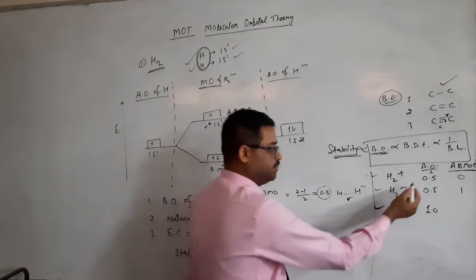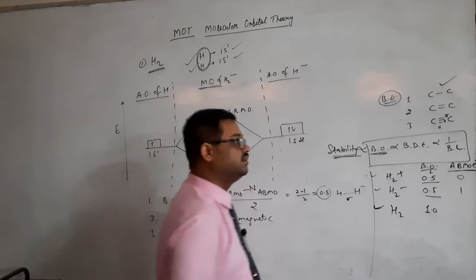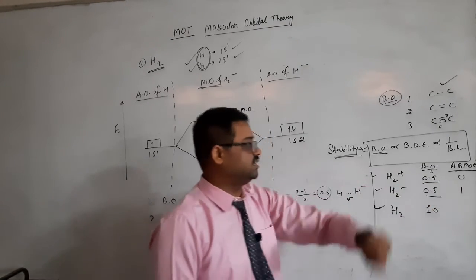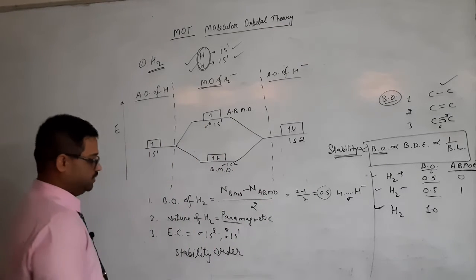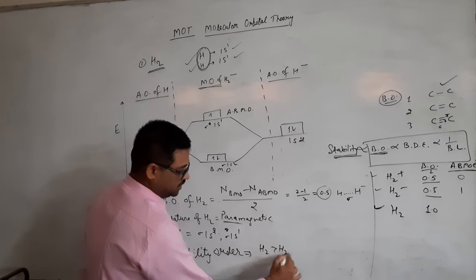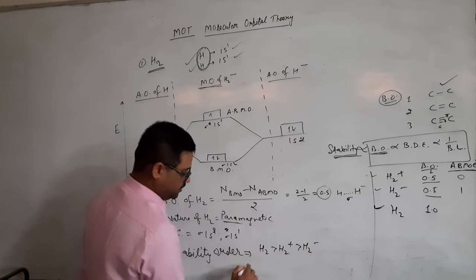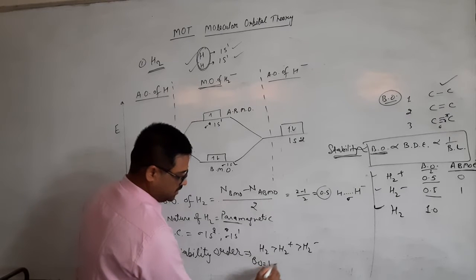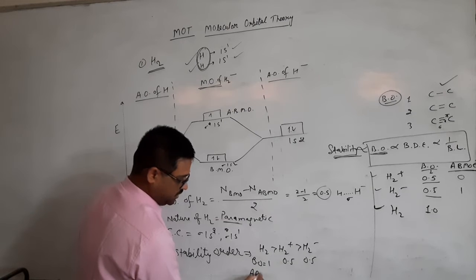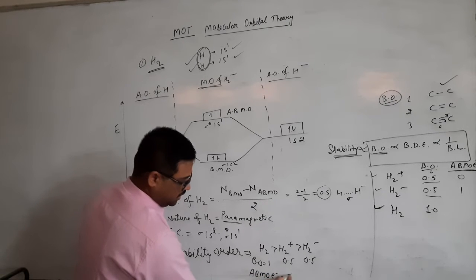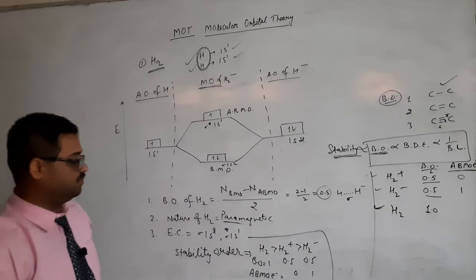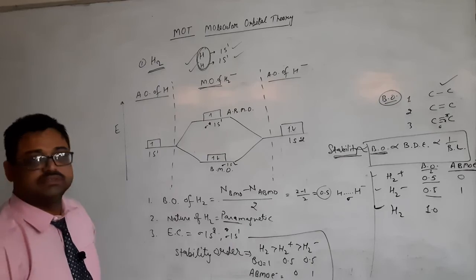But if I compare the two with 0.5 and 0.5, then the species with fewer electrons in ABMO will be more stable, that is H2 plus. So the stability order will be H2, then H2 plus, then H2 minus, because bond orders are 1, 0.5, 0.5, and ABMO electrons are 0 and 1.